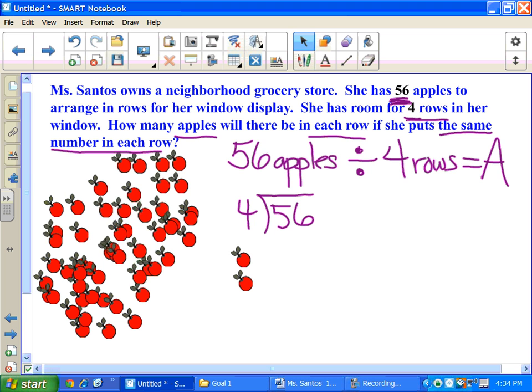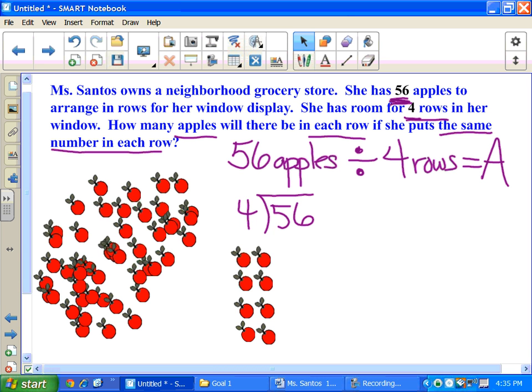There's 2 rows of apples, 3 rows of apples, and 4 rows of apples. Okay. So then I could continue adding to my rows. I could do 1 more apple in that row, 1 more apple in that row, 1 more apple in that row, and 1 more apple in that row.